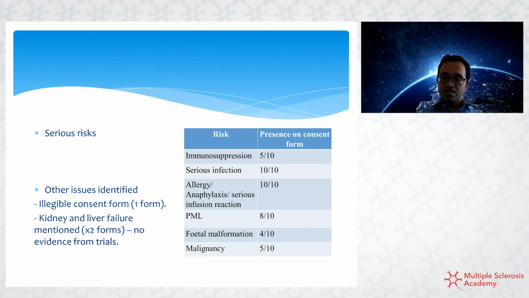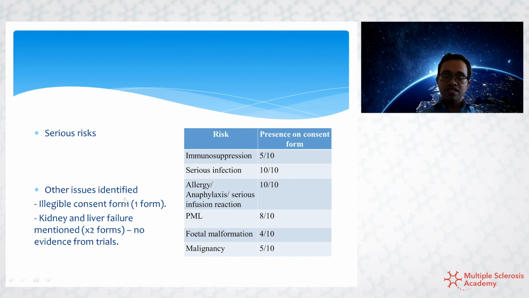The risk of serious infections was discussed in 10 cases. The risk of anaphylaxis was discussed with all the patients. The risk of PML was discussed with 8 patients. Fetal malformation was discussed in 4 cases. The risk of malignancy was discussed in 5 cases.